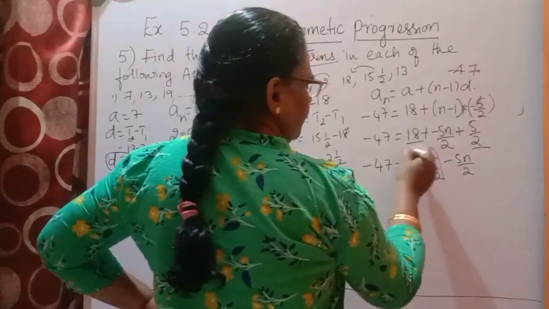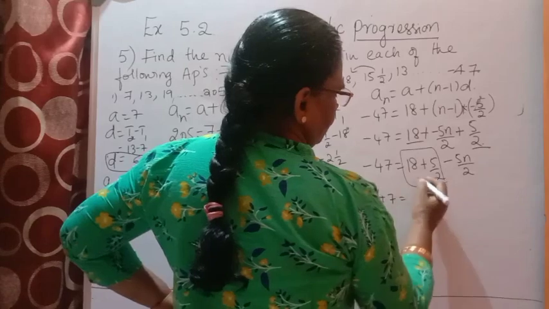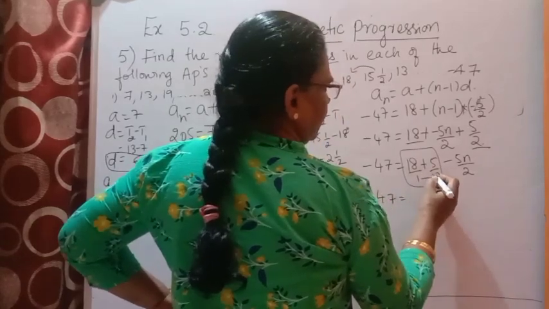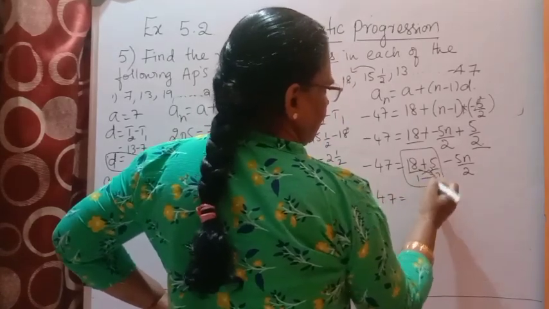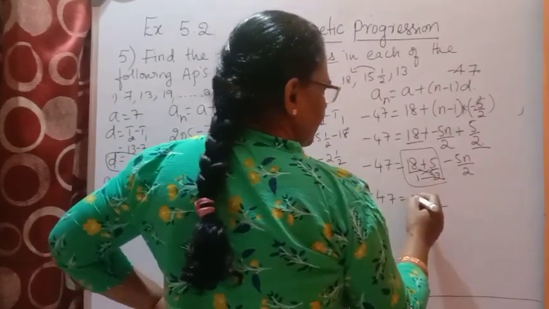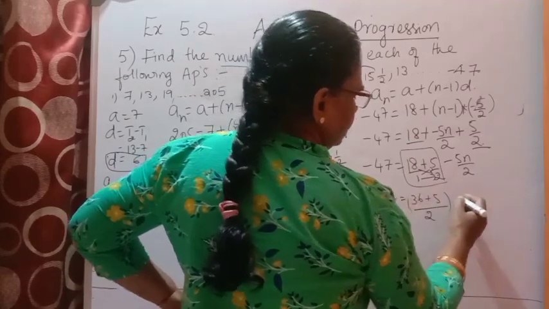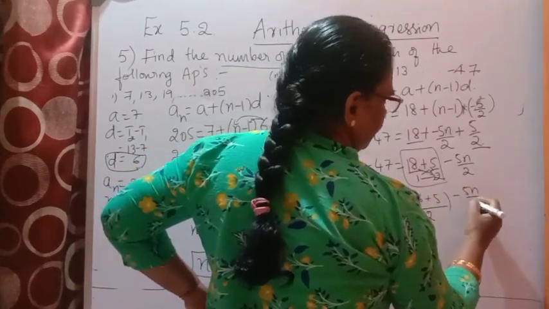Next, you have to add these two. Minus 47 is equal to, put 1 here, cross multiply. 2 ones are 2, cross multiply, 36 plus 5, minus 5n by 2.